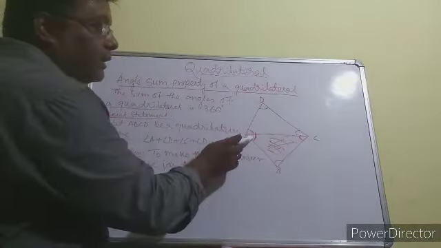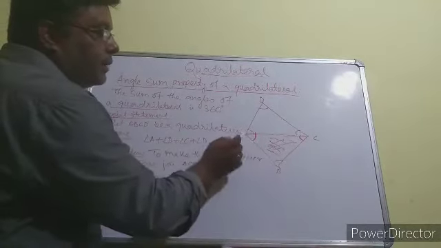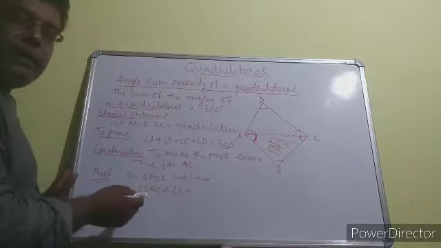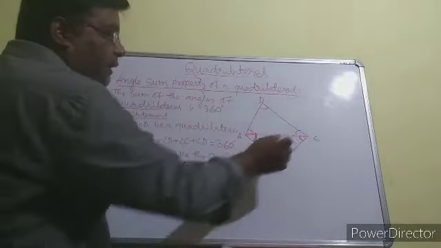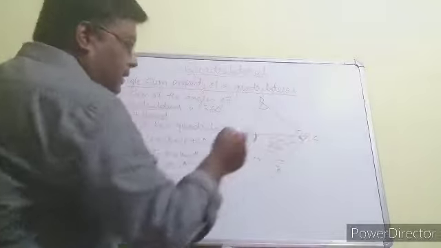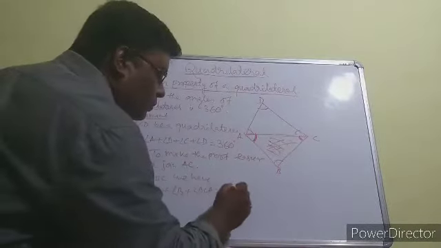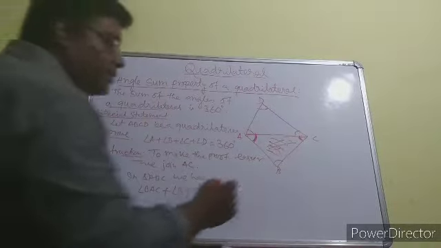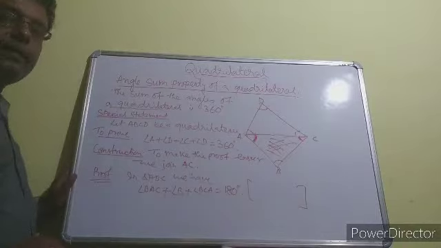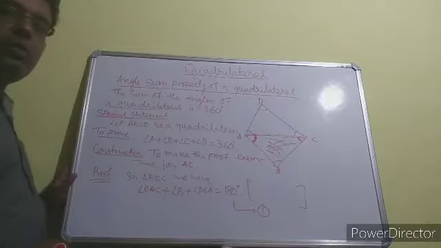Here you can't write angle A because angle A is this whole angle, but we will take only this angle BAC, that's why you can't write angle A here. Here also you can't write angle C because we take only one part of angle C. So angle BCA is equal to 180 degrees, by the angle sum property of a triangle. Give it number 1.